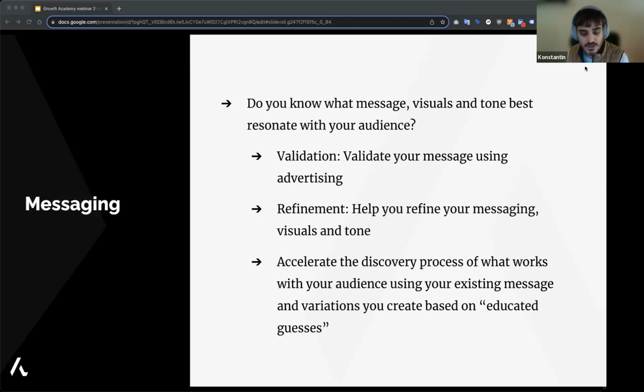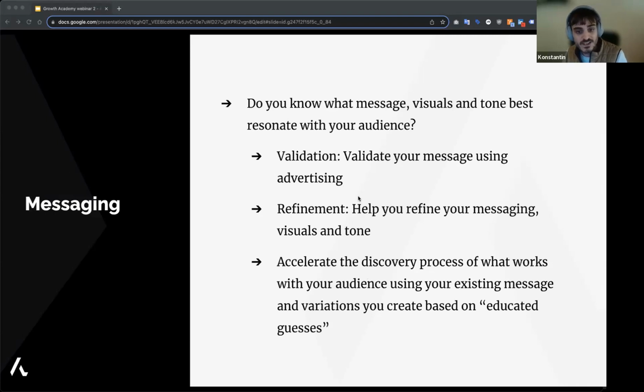So by testing more messages on paid ads, we can get more eyes on our message and our website by showing those ads, and then we can refine them by seeing what those users are engaging with the most. The more they engage, the more likely they resonate with that message, with the problems.